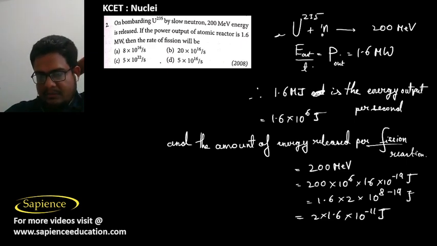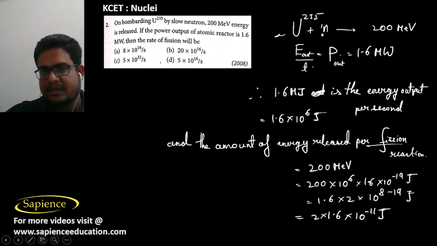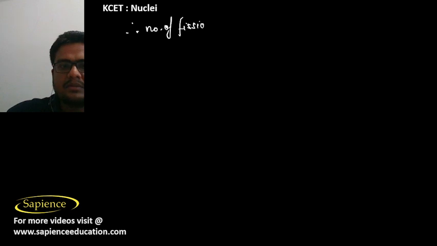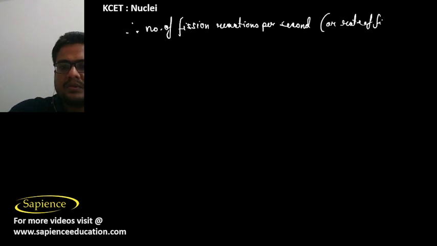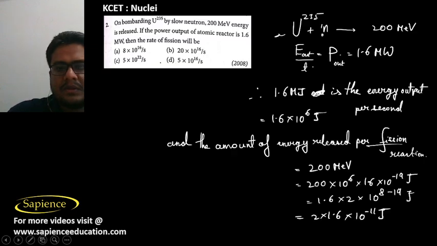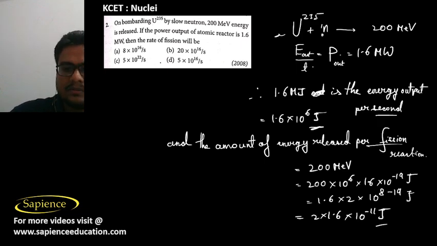Therefore, the number of fission reactions happening per second, which is also the rate of fission, is equal to the energy output per second divided by the amount of energy released per fission reaction.